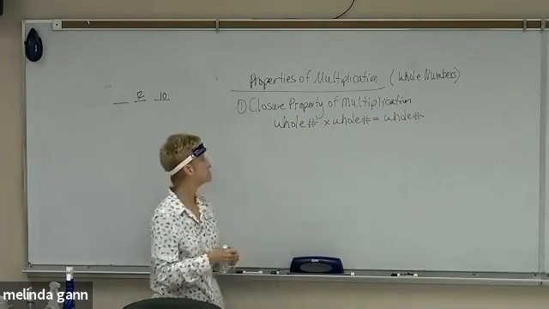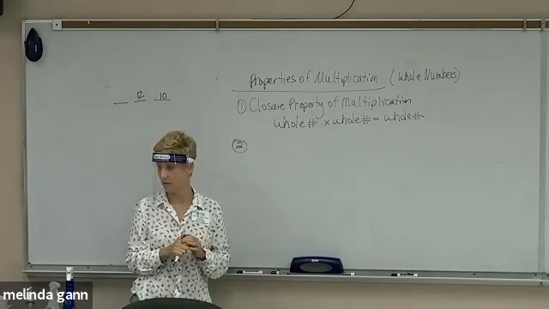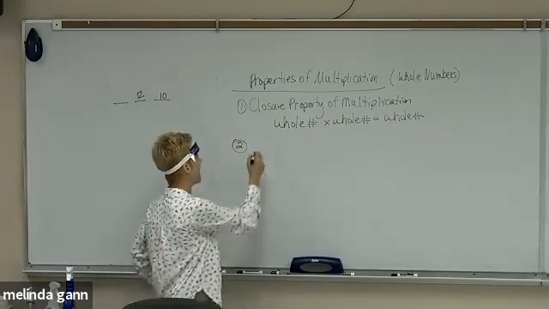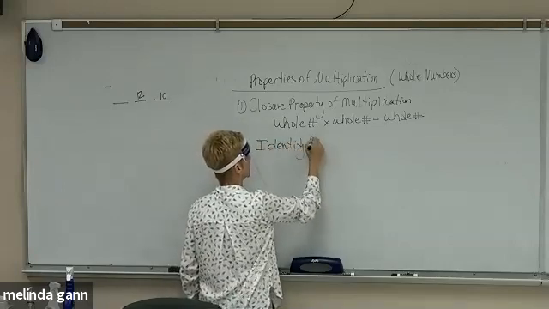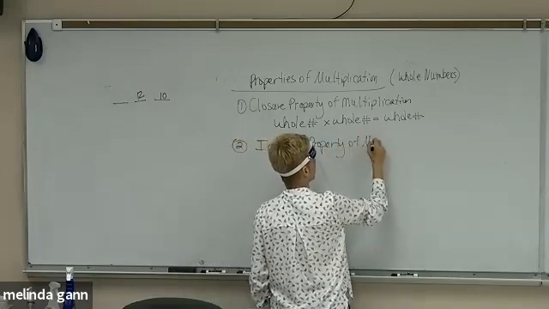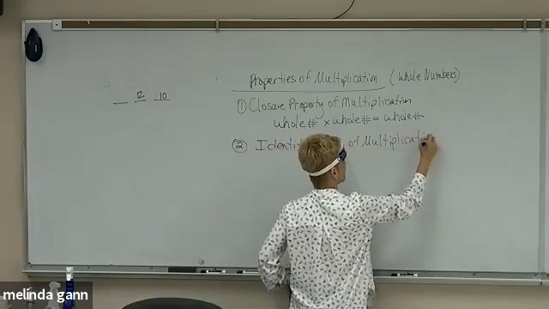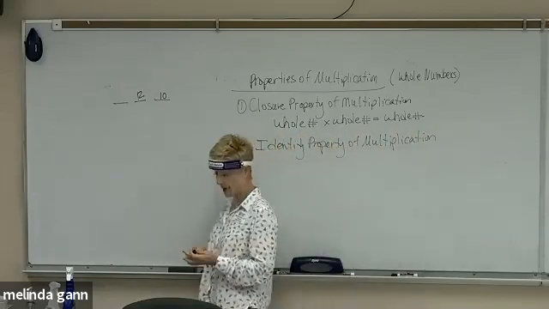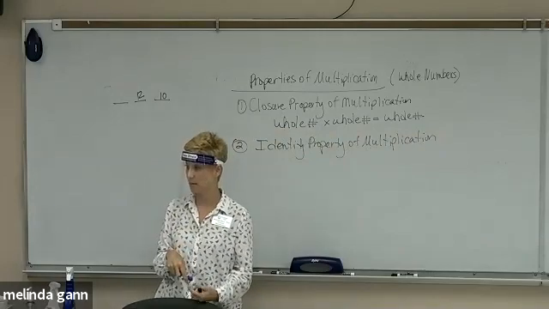Now let me ask you this. Didn't you have an identity property of addition? Do you have an identity property of multiplication? Now remember what I told you last time about identity. When you hear identity, I want you to think you get the same thing back that you started with.